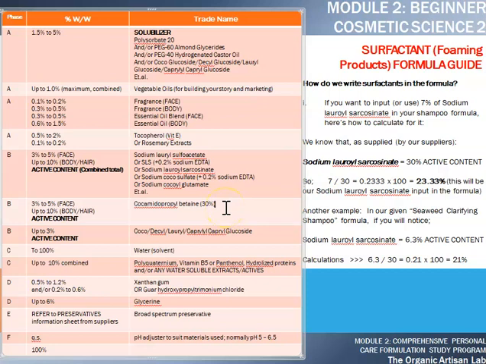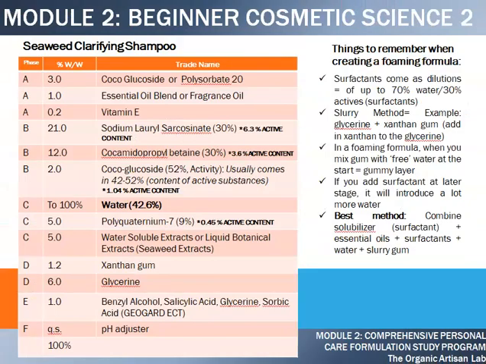Same goes with some of the surfactants that we purchase from our suppliers. They come as a dilution. Let's go back to the formulary. So this is the seaweed clarifying shampoo that you may use for your startup formula, and you can start from here. You can tweak your formula based on what you would like to achieve in your product.